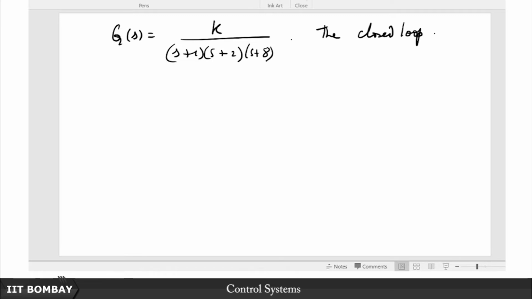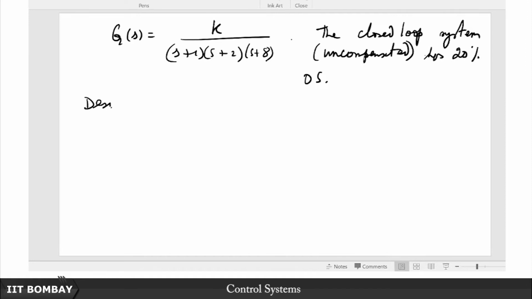Suppose it is said that the closed loop uncompensated system has 20% overshoot.